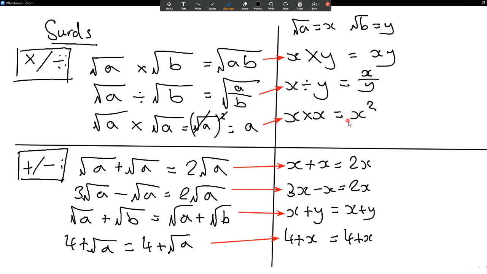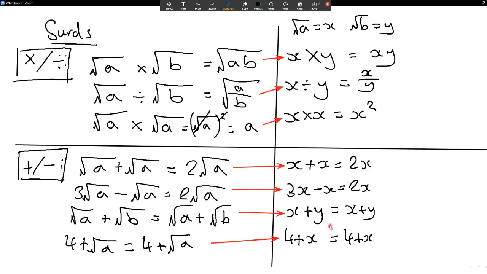But what is interesting is when we get to the addition and subtraction rules. If we add the same variable together, we'll get 2x, just like if we add the same surd together, we get 2 root a. And the same goes for subtraction. But remember, we can't add x to y because they're different variables. We also can't add a number to x.